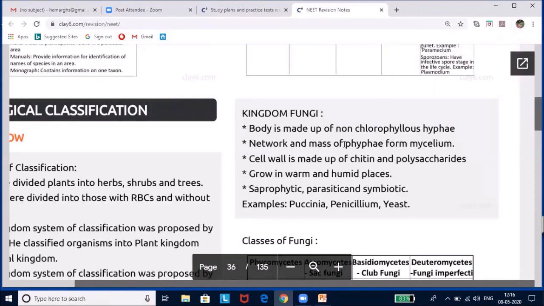Asexually, they reproduce by the formation of conidia, sporangiospores or zoospores. To remember these spores, conidia, sporangiospore or zoospores, remember 'computer screen on Zoom' or 'Zoom the computer screen'. If you remember this anagram, you will get the asexual spores. Sexually, they reproduce by the formation of basidiospores, oospores or ascospores.